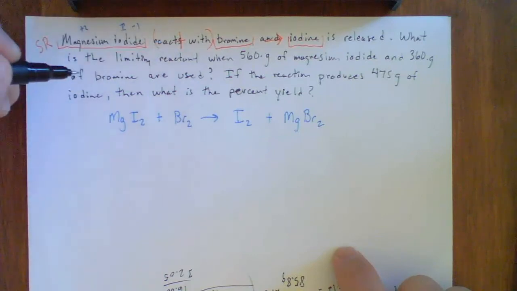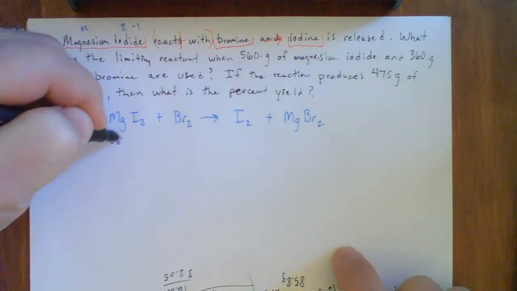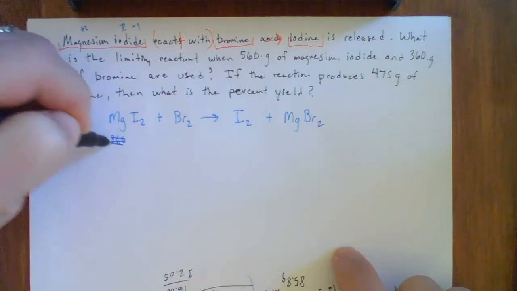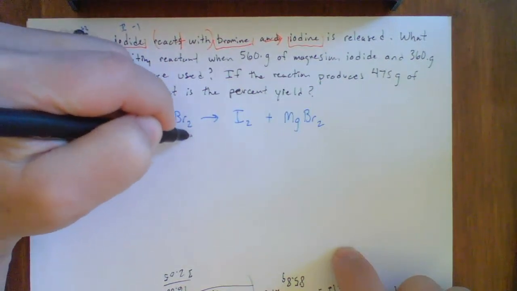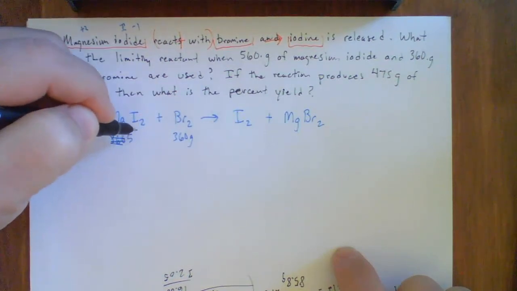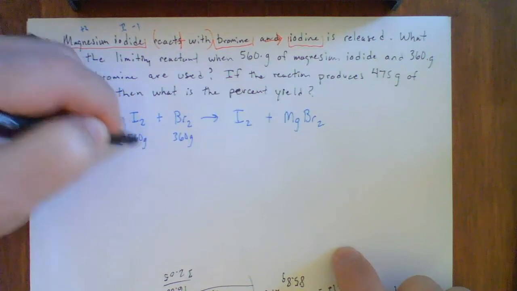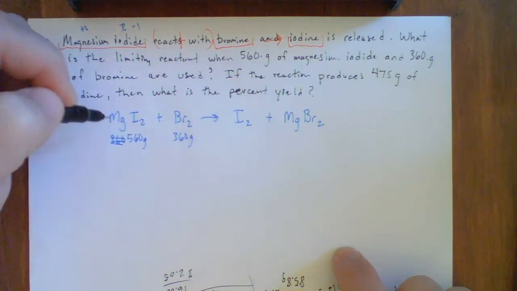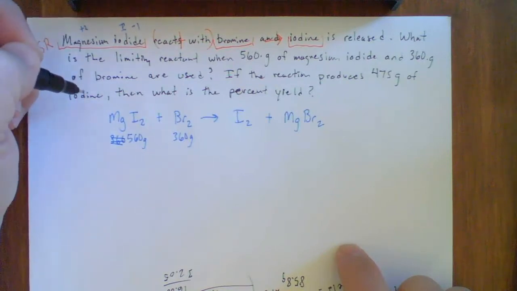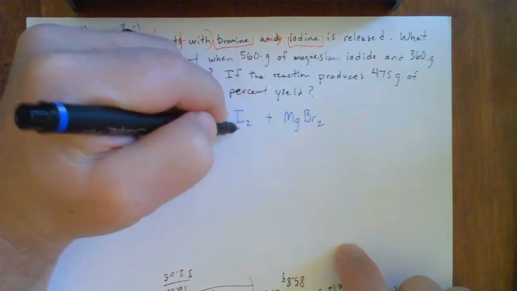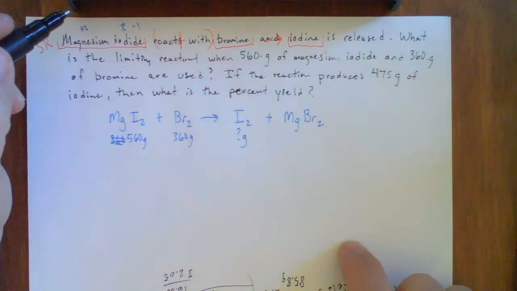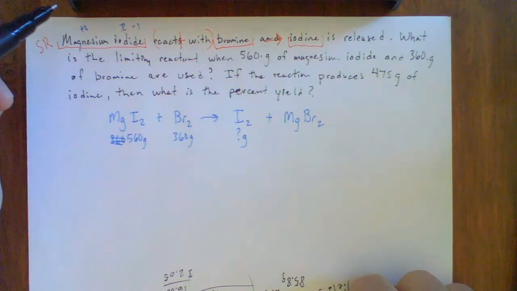We know that we're going to start with 360 grams of the bromine, 560 grams of the magnesium iodide, and the question is going to relate back to the percent yield of the iodine. So I'm going to try to help myself out in my stoichiometry.